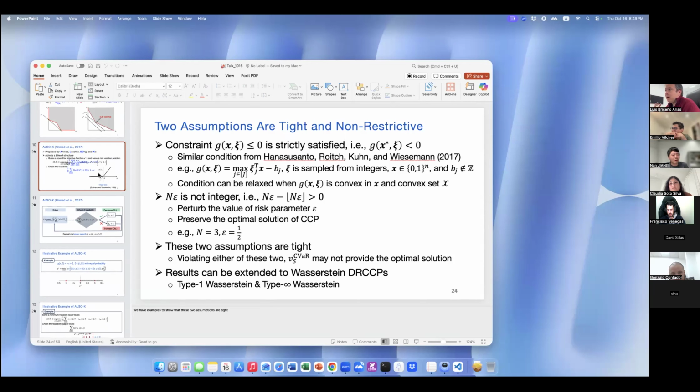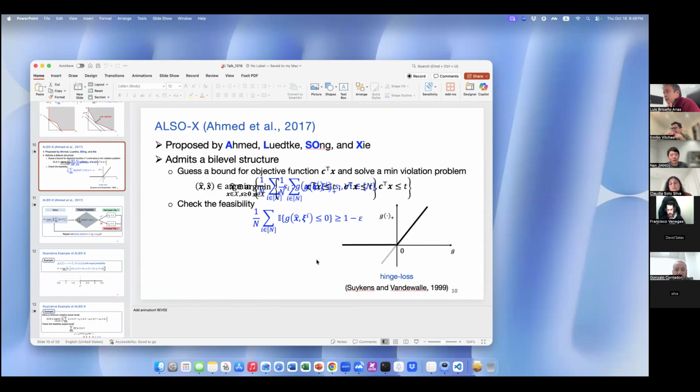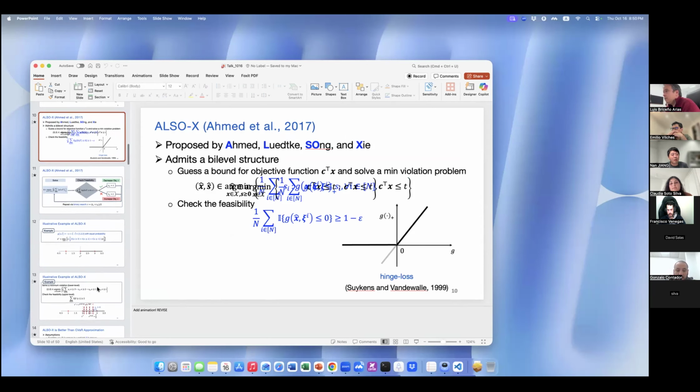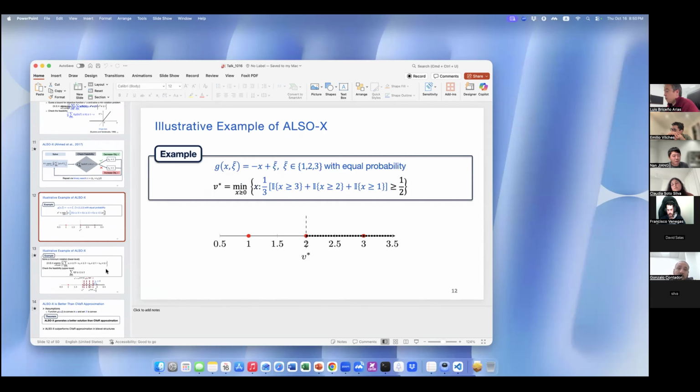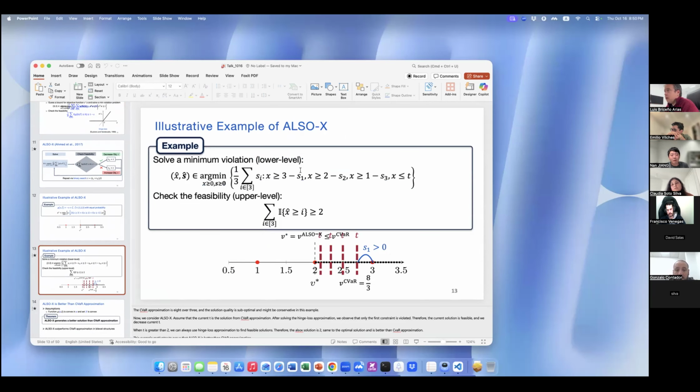It's a similar question to the one you answered. In the case of the scale CVaR, you said that you use some DC formulations and some DC algorithms for solving that part. But in OSX, how do you solve the inner optimization problem? And if it's not linear, how could you deal with it? That's the first question.